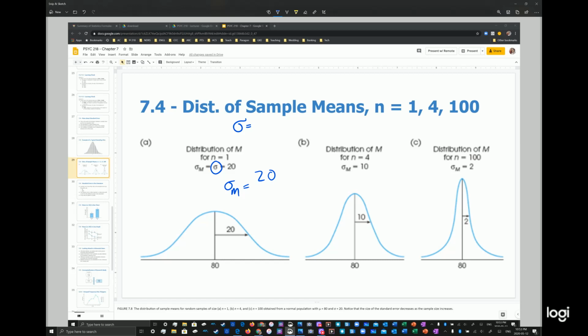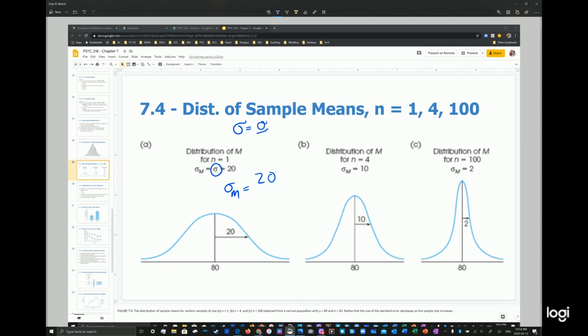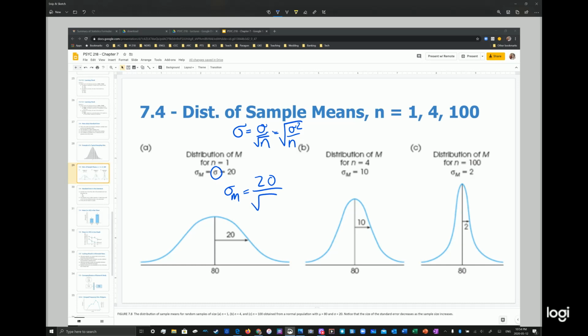We could either use sigma over square root of n, or square root of sigma squared divided by n. Here, we'll use the simpler one. 20 over square root of 1 is 20 over 1, which is 20. And you can check with the other way too.